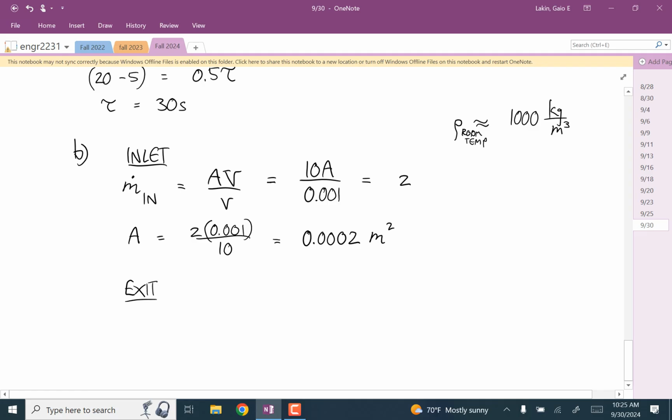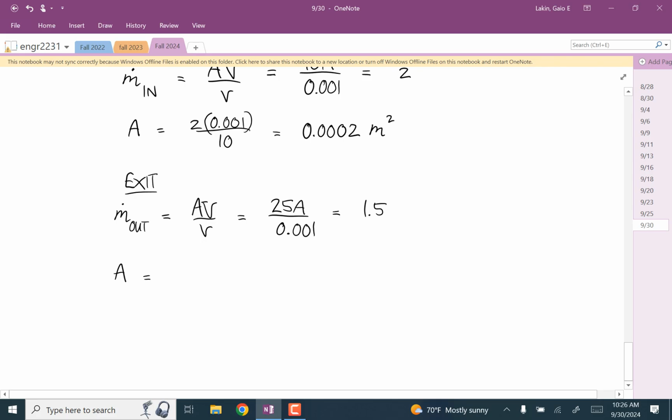And then at the exit, m dot out is equal to AV over little v. This is going really fast. The speed is 25 meters per second. So 25A divided by 0.001 is equal to 1.5.